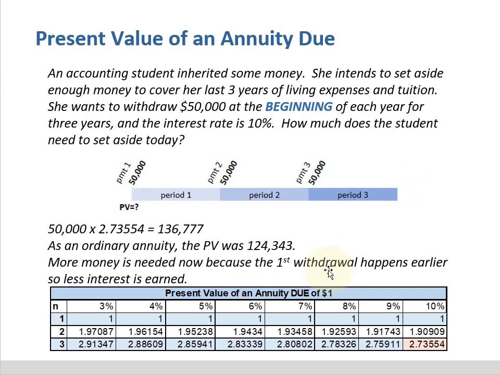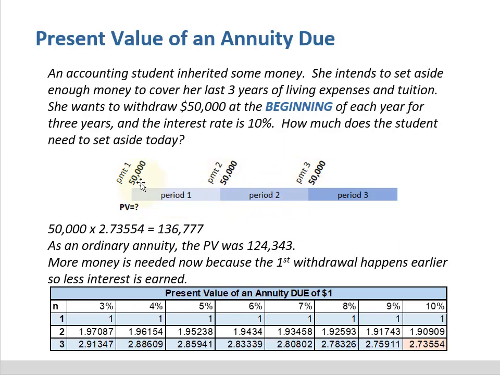If you go to the present value of an annuity due table, you'll see the factor of 2.73554, multiply it times the annuity amount. You'll solve for the amount that the student needs to deposit as $136,777. So she needs to deposit $136,777 in order to be able to withdraw $50,000 for 3 years with this timing.